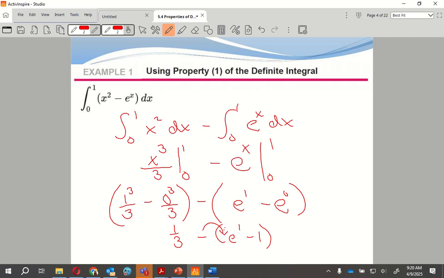It's going to change some signs, so this becomes a negative, and this one's now going to be a positive. So I get a positive 1/3, and a positive 1 is a positive 4/3. So my answer is negative e to the first plus 4/3.